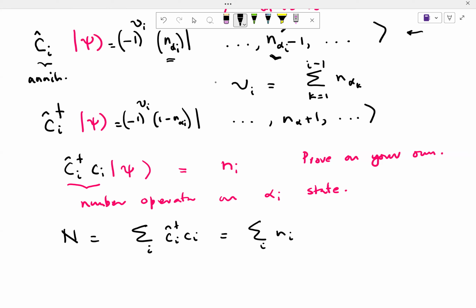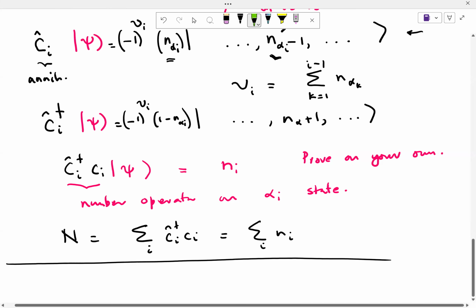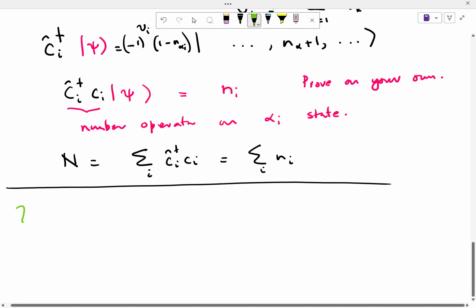Now that we know how states are formed, let's move our attention towards the second quantization form of operators. Why are we doing this?